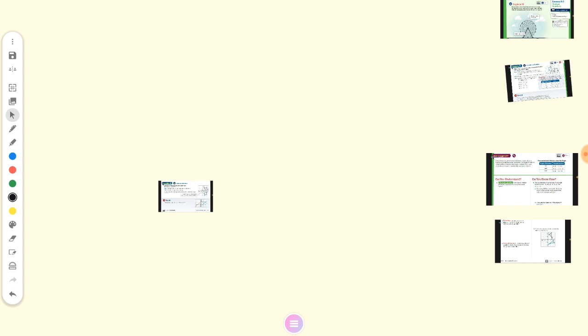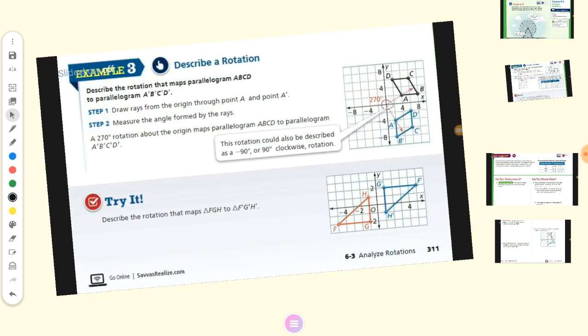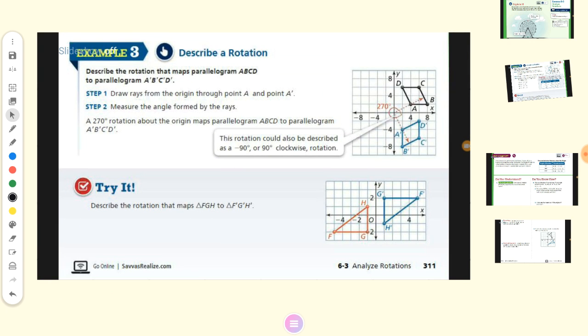Another example of it. Describe the rotation that maps. We will write what happened to the shape ABCD after we rotate it and it becomes A dash, B dash, C dash.